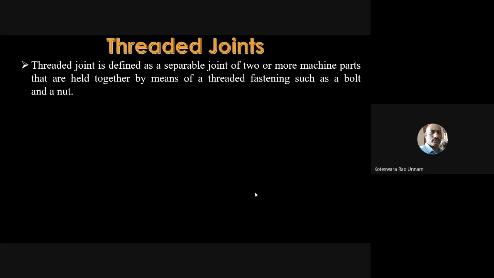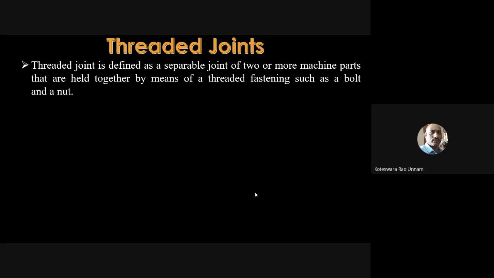A threaded joint is defined as a separable joint. Like I already told you, this is a temporary joint, which means you can easily separate the connecting components. A threaded joint is defined as a separable joint of two or more machine parts held together by means of threaded fastening such as a bolt and a nut.